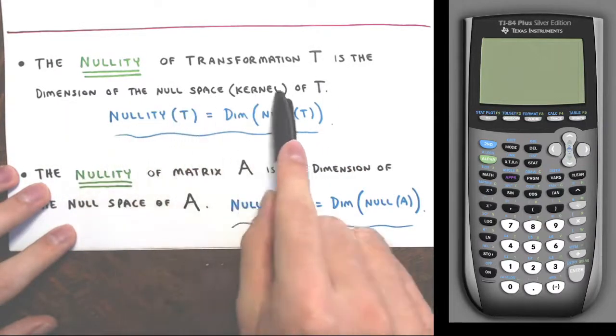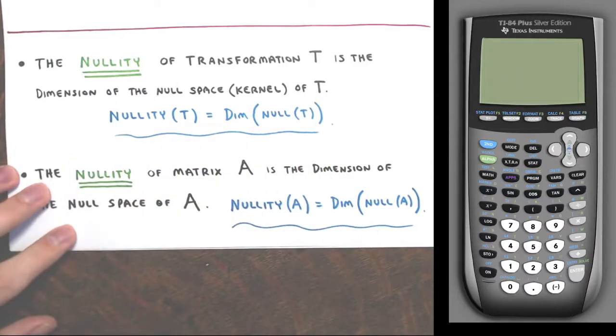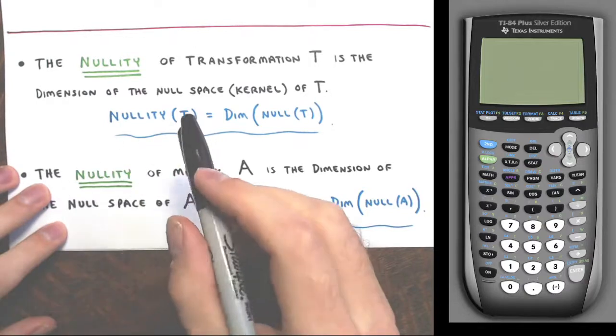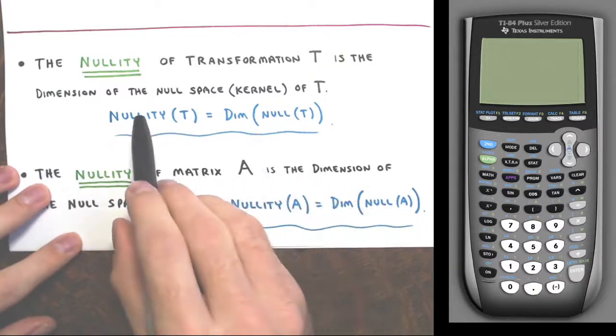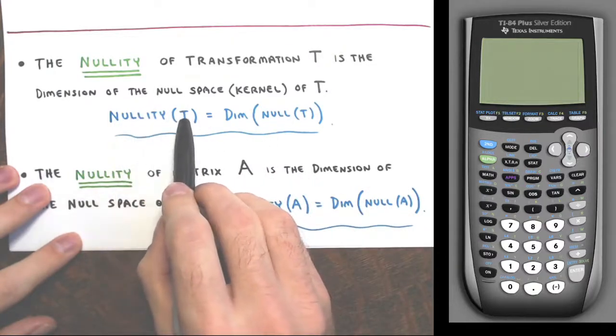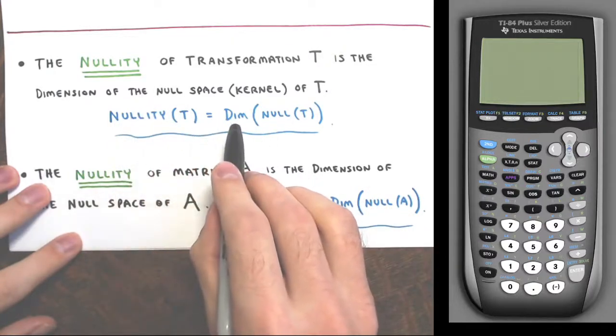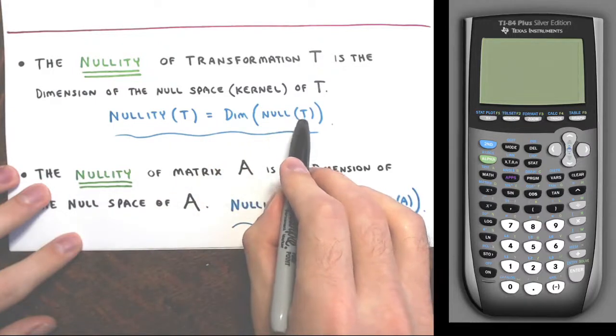Now remember, the null space of a transformation was all the vectors from the domain that map to the zero vector in the codomain. So that space of all the vectors from the domain that map to the zero vector under the transformation. And mathematically, I can write it this way: the nullity of transformation T equals the dimension of the null space of T.